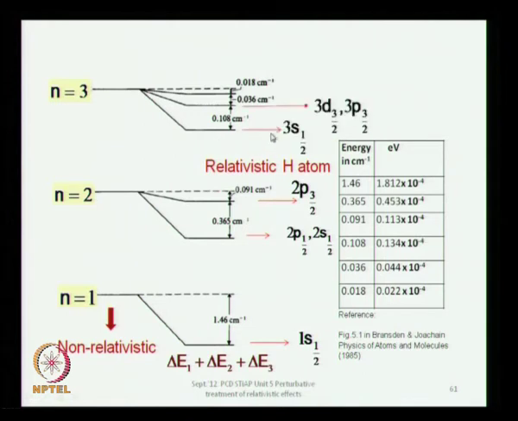and then for n equal to 3 you have got the 3s, and then the 3d 3/2 and 3p 3/2 are degenerate, okay. Why? Because the energy is not determined by the L quantum number, and the L quantum number is different for these two. This is L equal to 1, this is L equal to 2, 3d and 3p, okay.